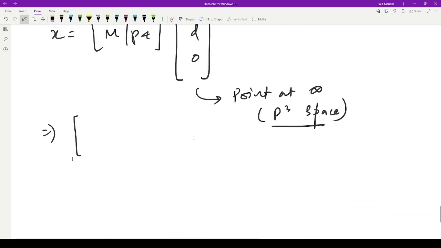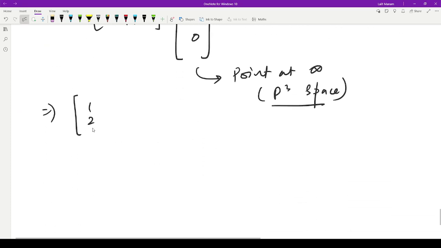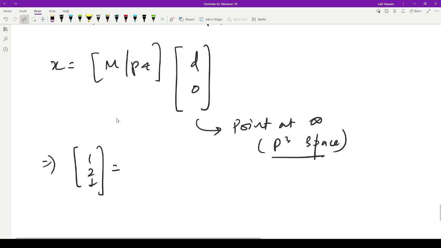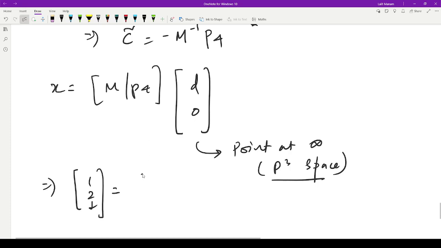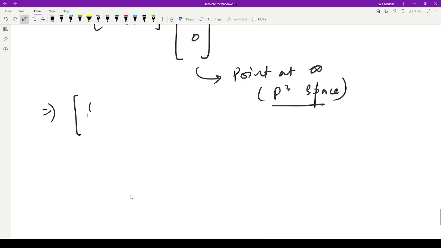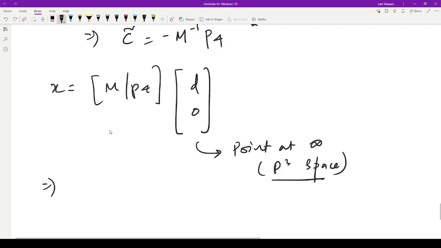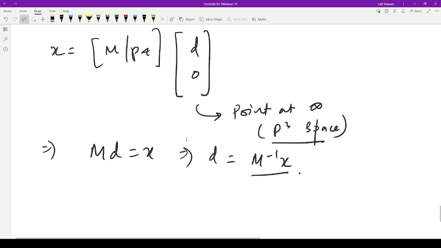X is given as 1, 2, but in the homogeneous coordinate system. So we can see that M d equals x, d equals M inverse x. With these two quantities that we know, we can define a ray.